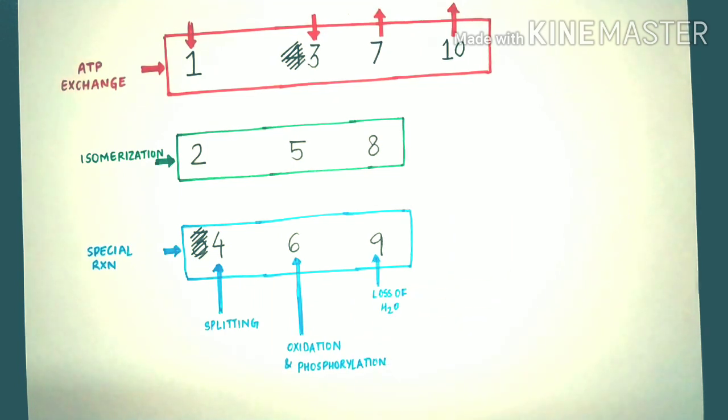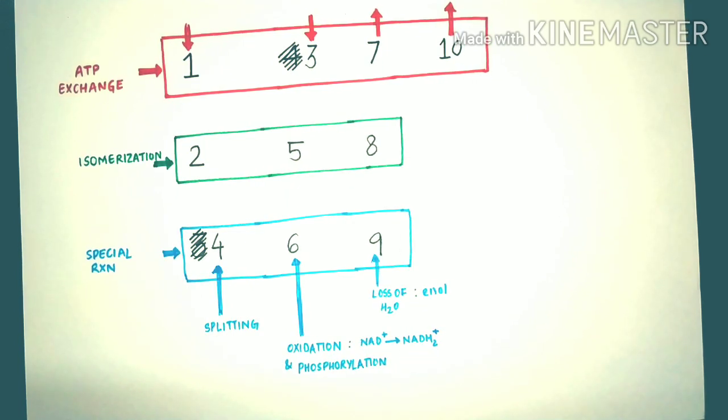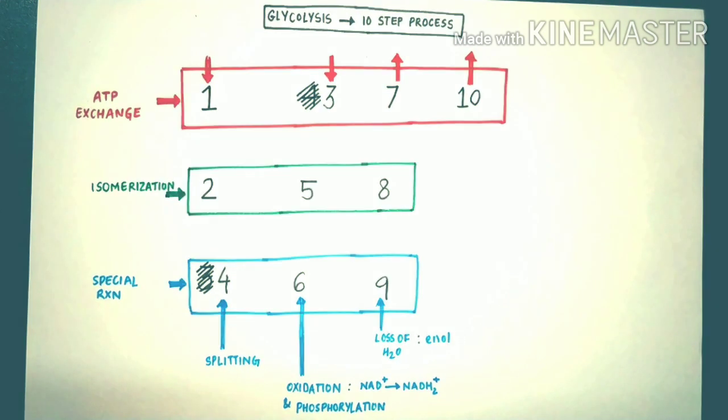In step 9, loss of water leads to the formation of enol, that is a double bond adjacent to an OH group. And it is step 6 where coenzyme NAD+ gets converted to NADH2+ during oxidation. You can learn special reaction steps if you want with the mnemonic: soap, water.